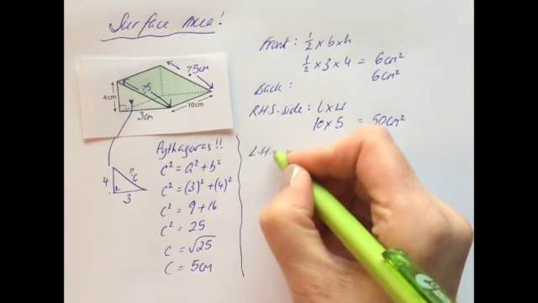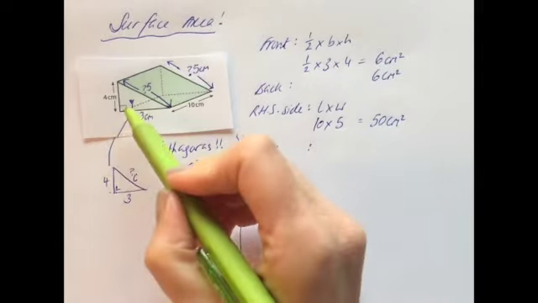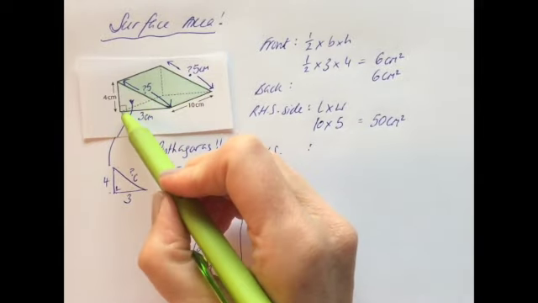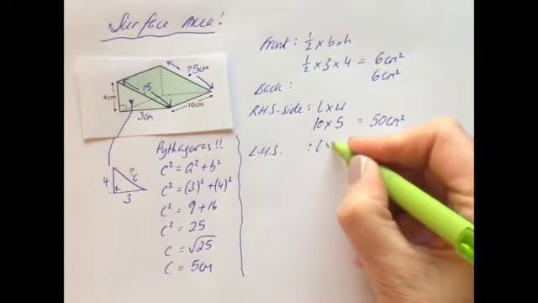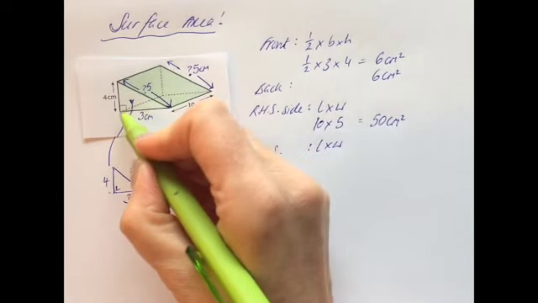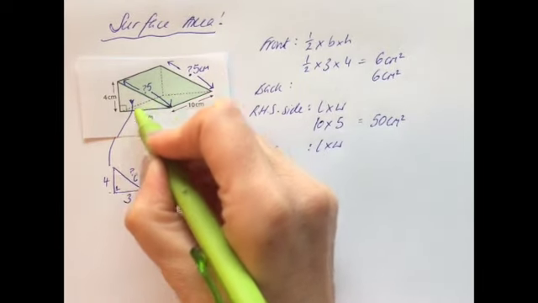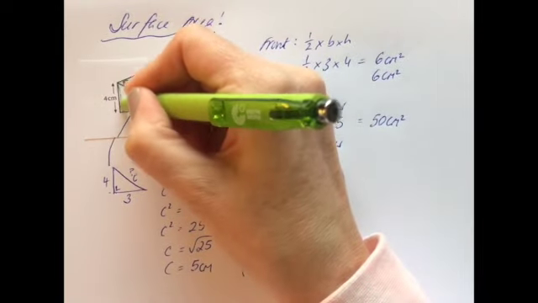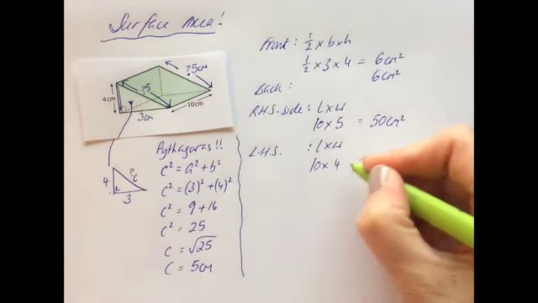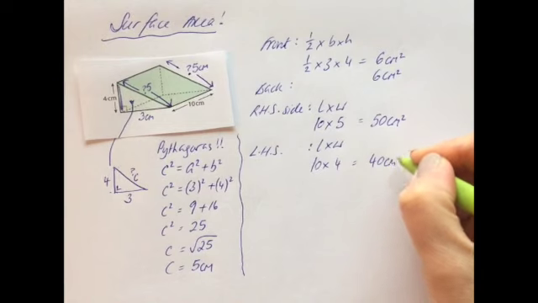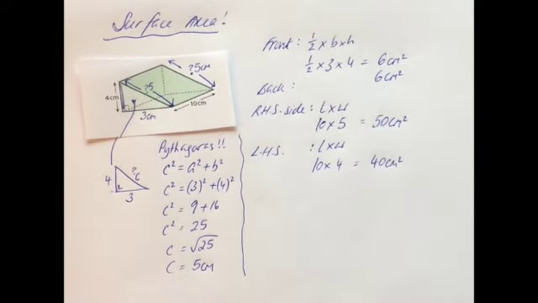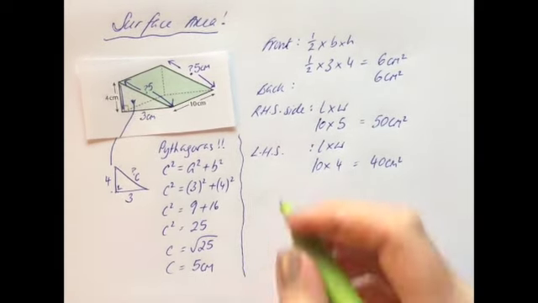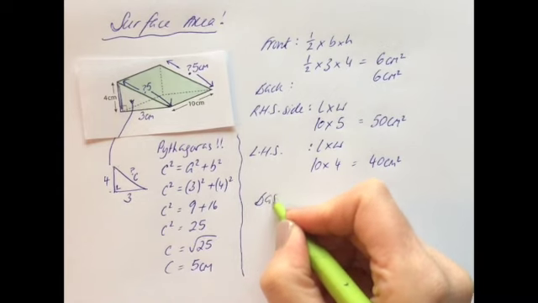Now looking at the left hand side, it is a rectangle, but with different dimensions. So length times width, the length of that left hand side rectangle is 10, but the width is 4. So that's 40 centimeters squared on the left hand side. Okay, and then that leaves me with the base.